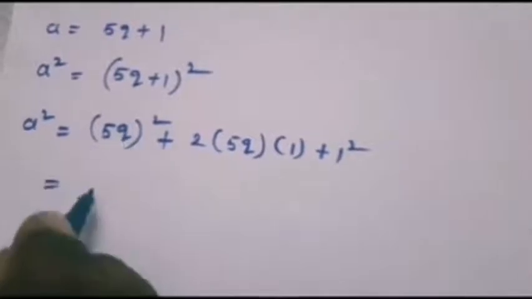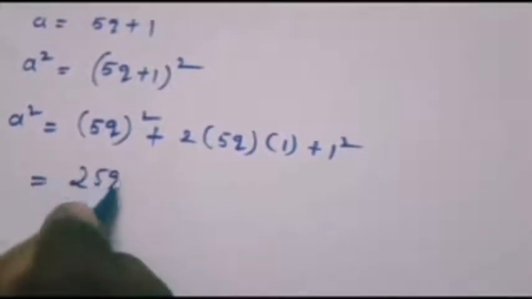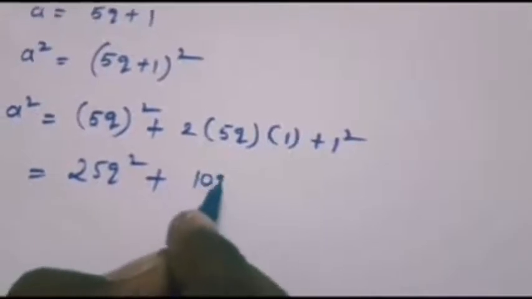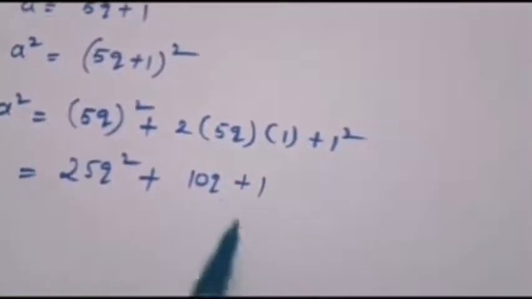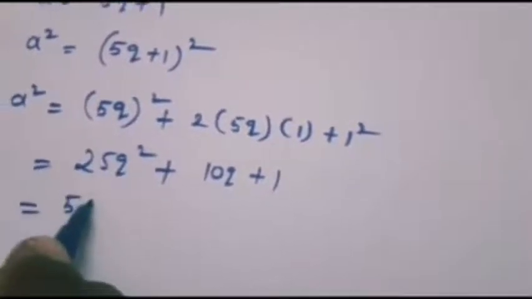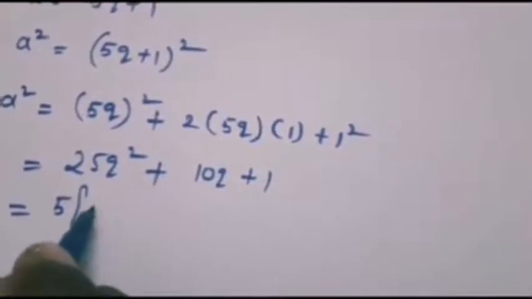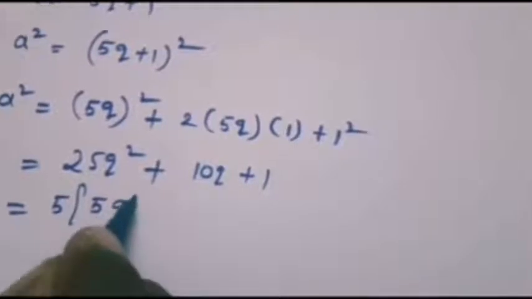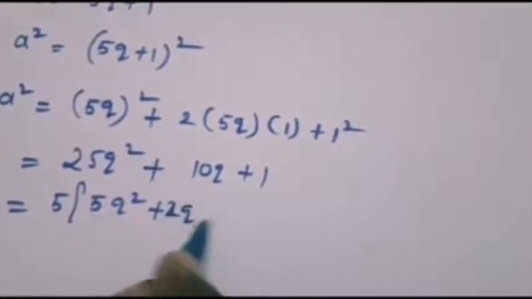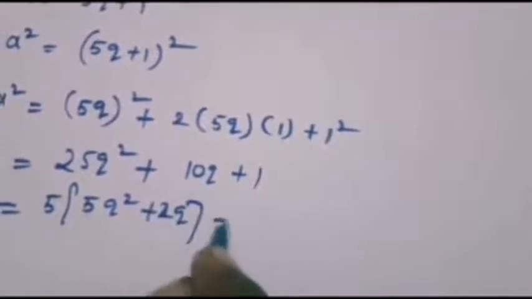That implies 25q square plus 10q plus 1. Let me take 5 common from this: 5 of 5q square plus 2q, plus 1.